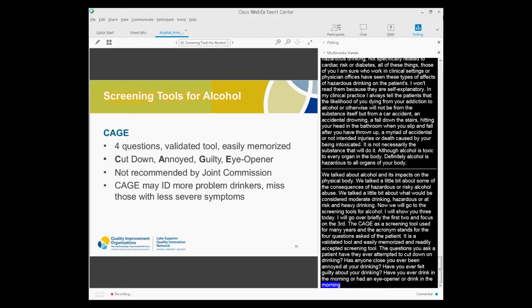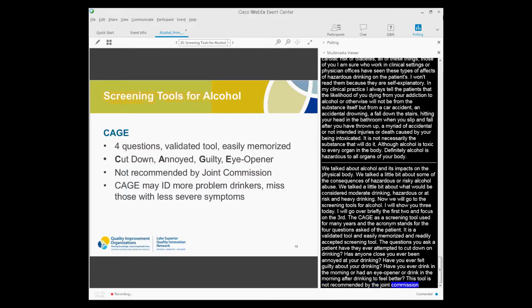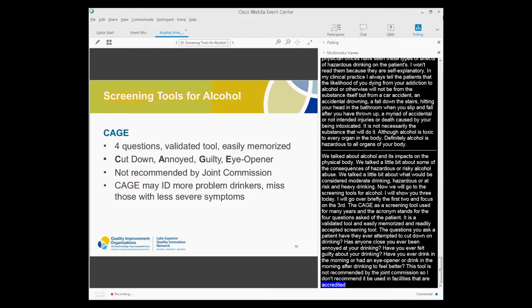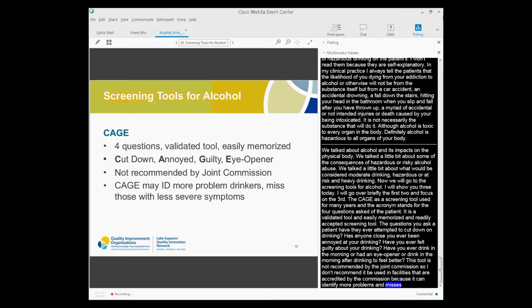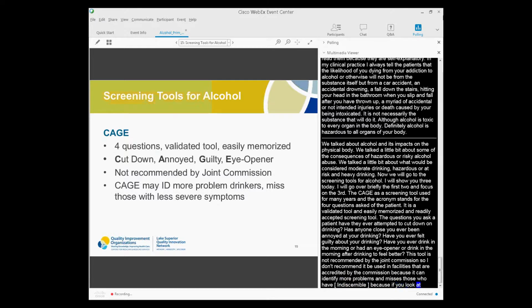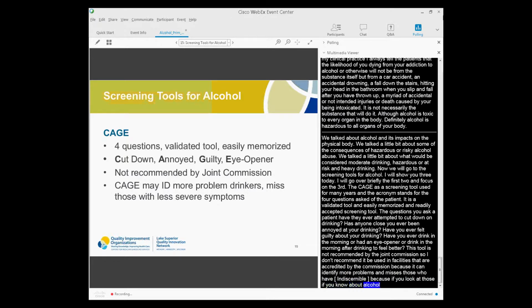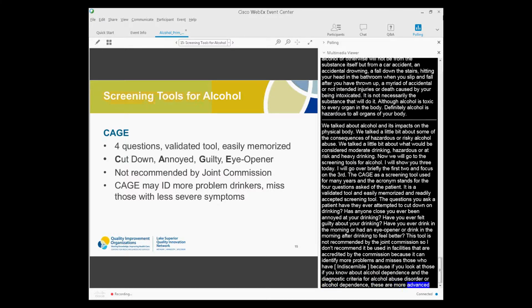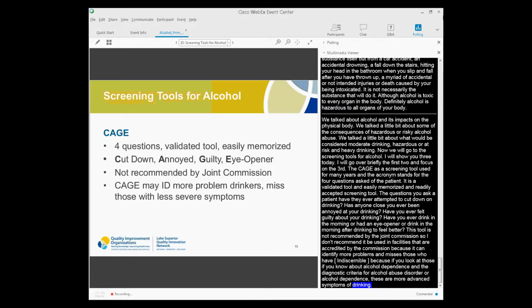This tool is not recommended by the Joint Commission, so I don't recommend it be used in facilities that are accredited by the Joint Commission, because the CAGE tends to identify more problem drinkers and it misses those with less severe symptoms. If you know some of the diagnostic criteria for alcohol use disorder or alcohol dependence, these are more advanced symptoms of drinking than somebody who might be at the moderate, risky, hazardous level.